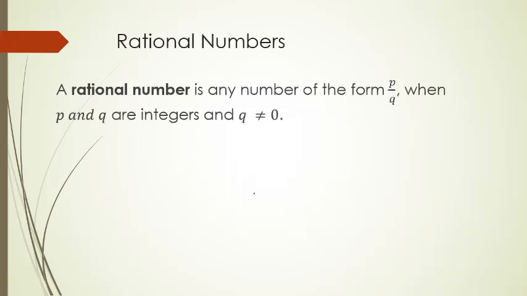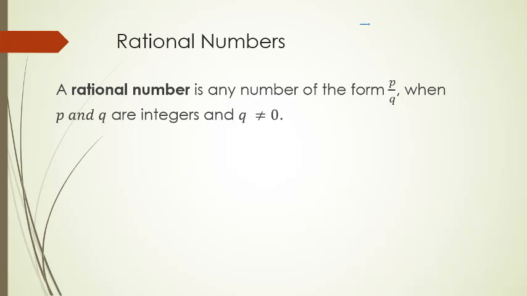A rational number is any number of the form P over Q when P and Q are integers and Q is different than zero, or Q is not equal to zero. Let me explain, guys. A rational number is a fraction, a division, a quotient. Why? A fraction is a division. Remember, a fraction is a quotient.